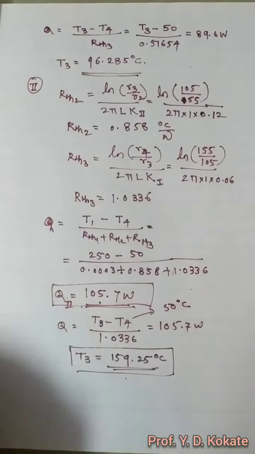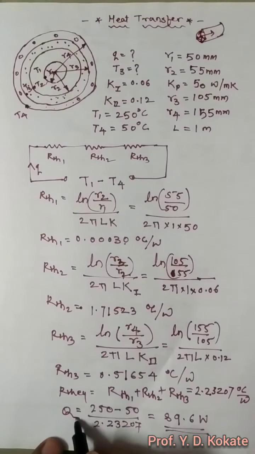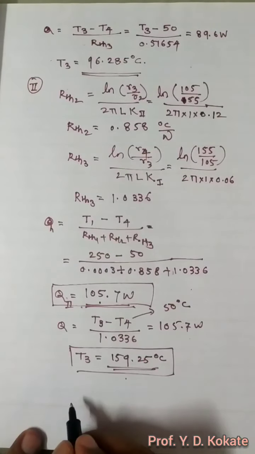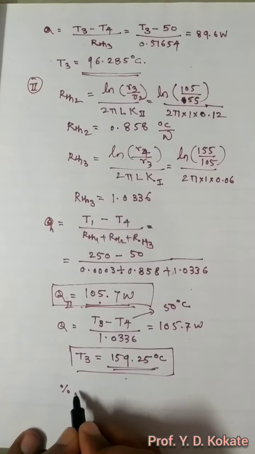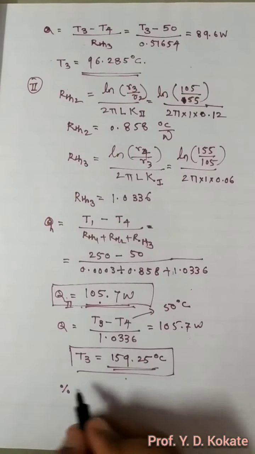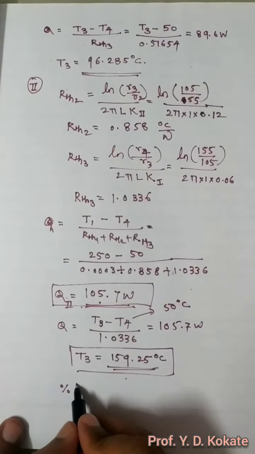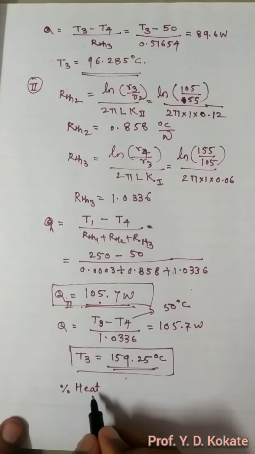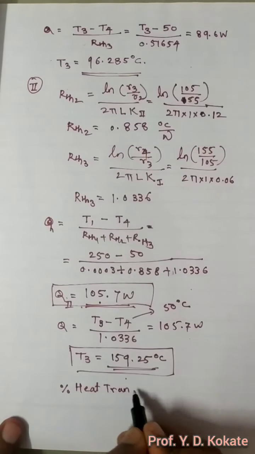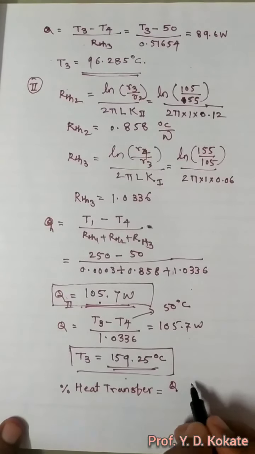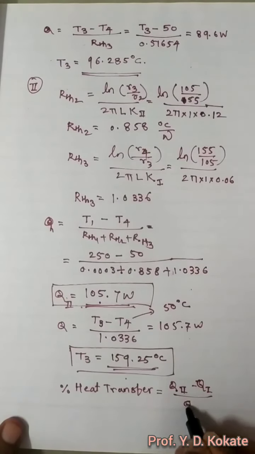I call this the second case and this the first case. The heat loss in percentage will be the increment in heat loss, because obviously here it is 89 and here it is 105, so heat has increased. So the percentage increase in heat transfer is Q2 minus Q1 divided by Q1 into 100%.